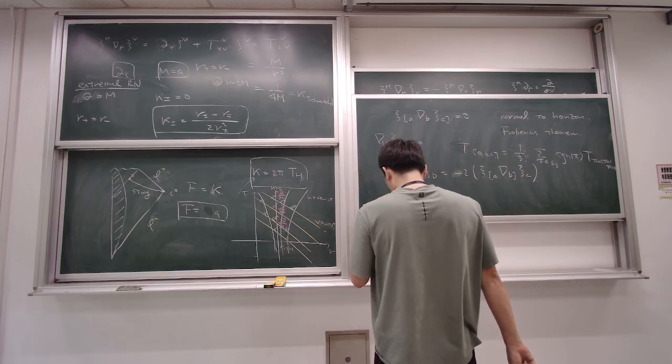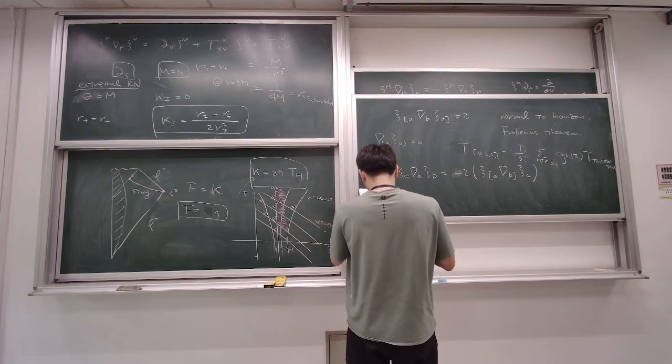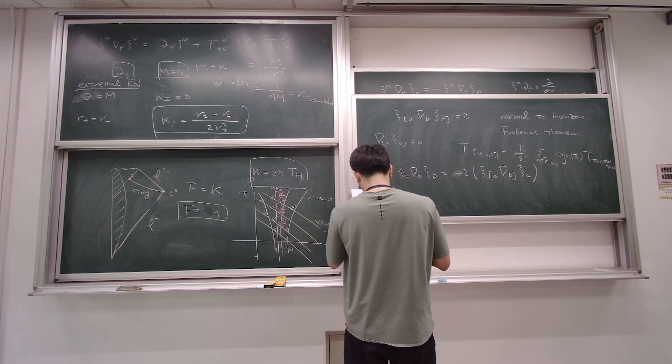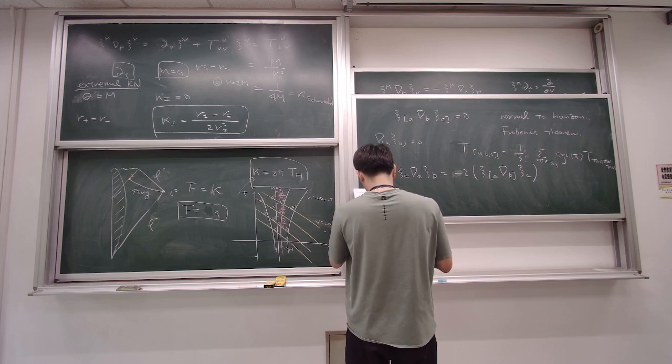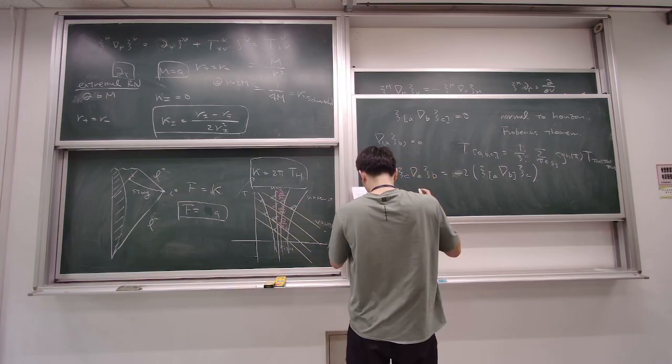And then contracting with del B, what you get is that... what am I doing here? Sorry.